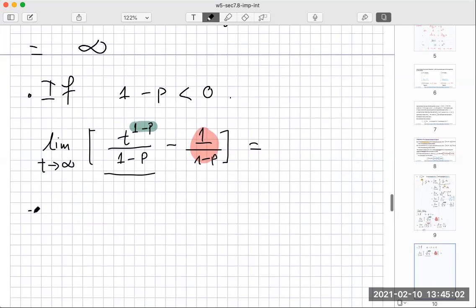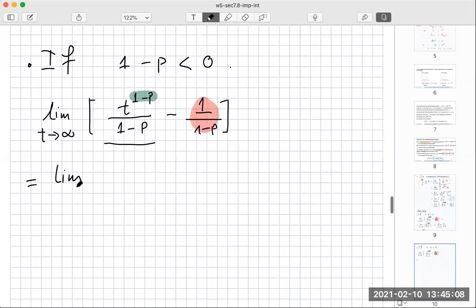Then we can write this one as, the first term is 0. Yes, very good. We can write it as 1 over 1 minus p times t to the p minus 1, right? The power law tells us that we can bring this numerator down and we change the sign of the power here, which becomes p minus 1. Okay?